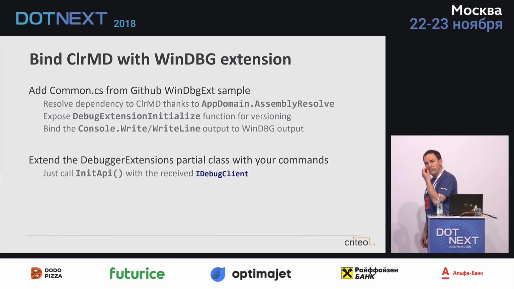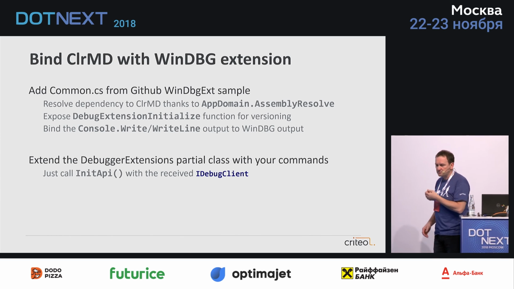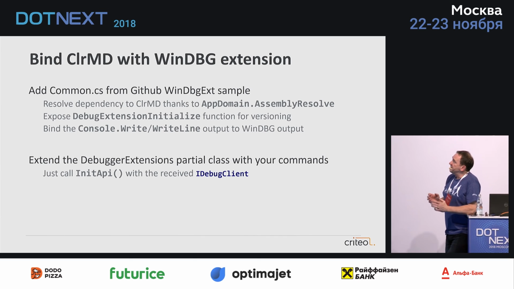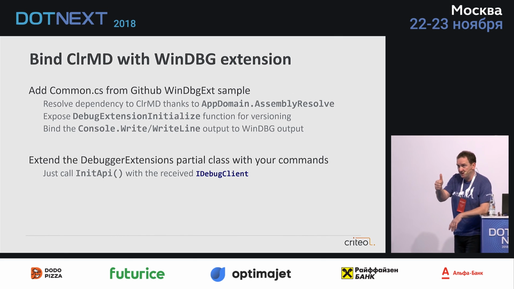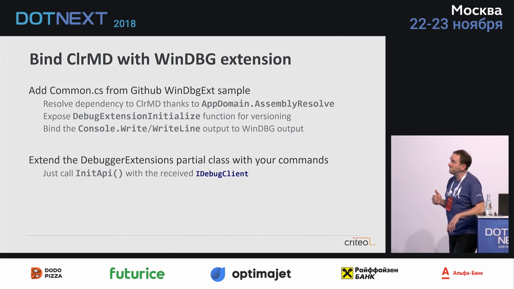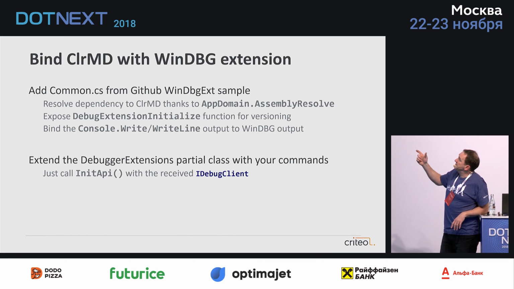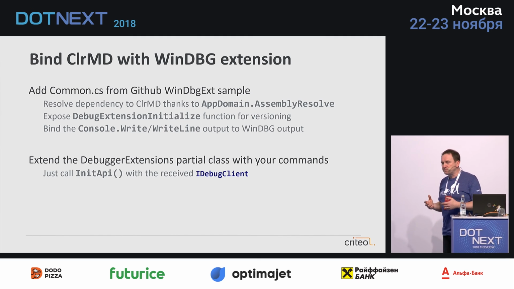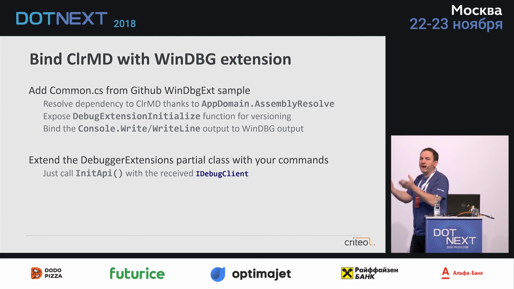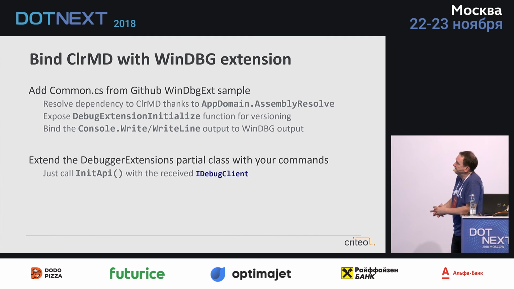So let's talk about the magic that's going on here. There is an example provided by ClrMD in the samples, which is called WinDbgX, and you need to copy one file, just one file, called common.cs from this example. You copy it into your project, and it will define a type, and you will extend this type.